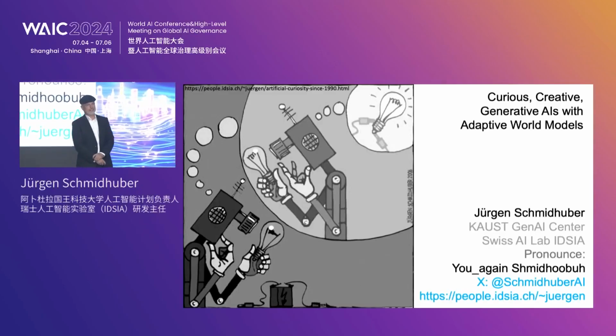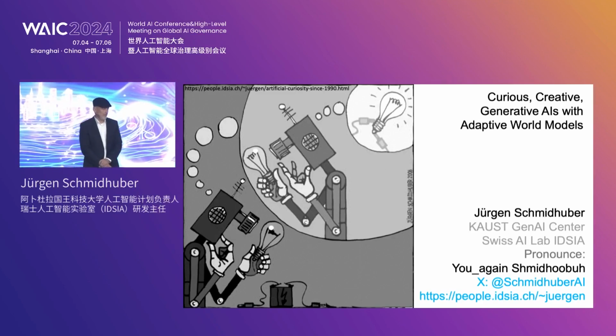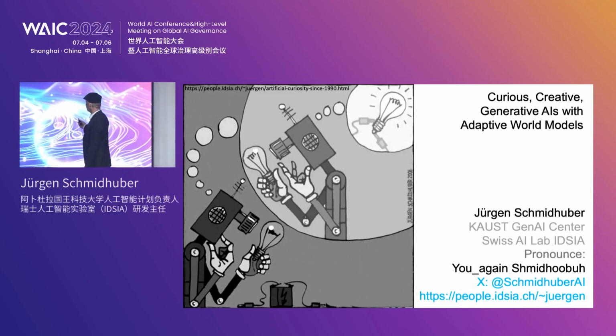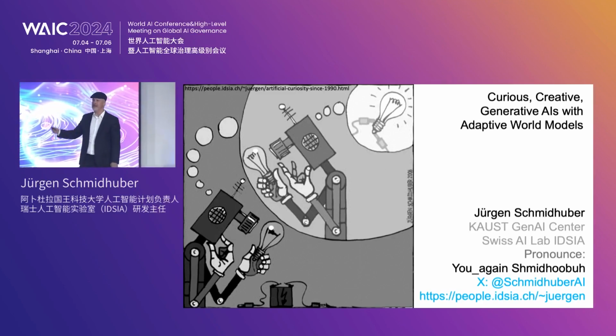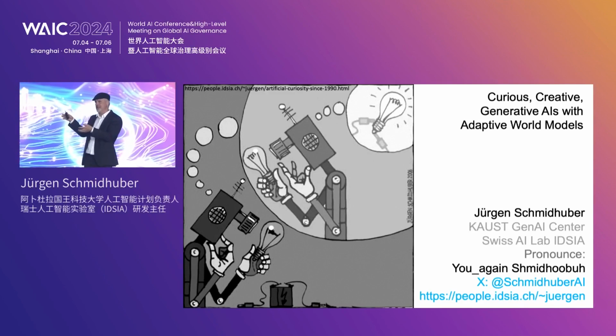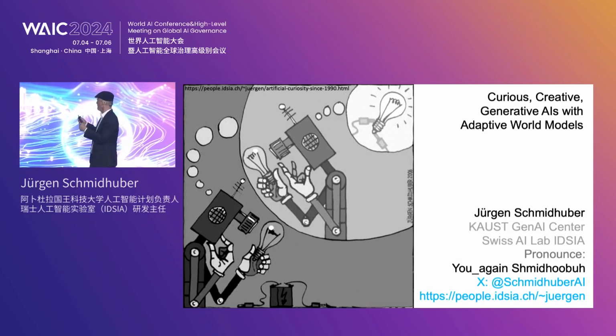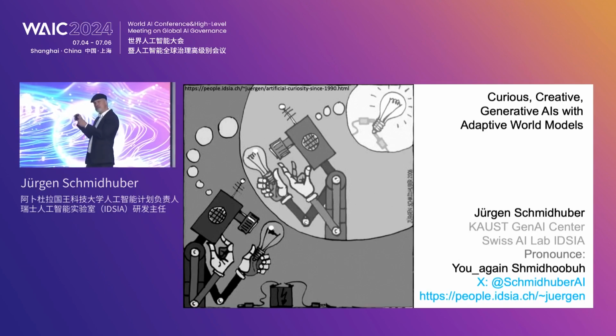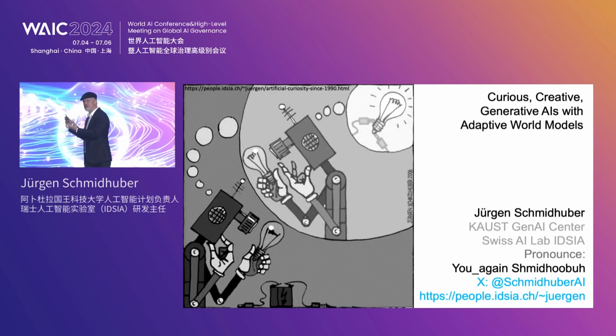It's a great honor to be invited to talk here to you, and what you see here is a drawing that I made almost 20 years ago about a robot that has a model of the world, and this model of the world also includes the robot itself, and it includes the world model of the robot itself.